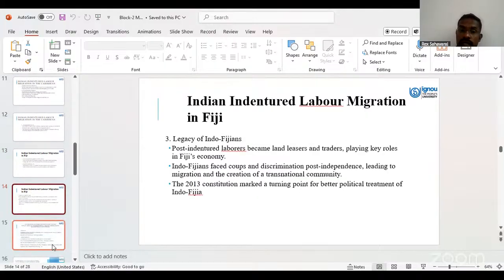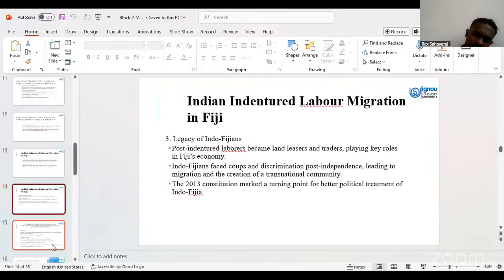And on the legacy of Indian indentured labor, the Indo-Fijians: post-indenture laborers became landlessees and traders, playing key roles in Fiji's economy. This all happened after the independence of the country, when the British left. Indo-Fijians faced discrimination post-independence, leading to migration and the creation of a transnational community. And 2013 constituted a marked turning point of better political treatment of Indo-Fijians, right?